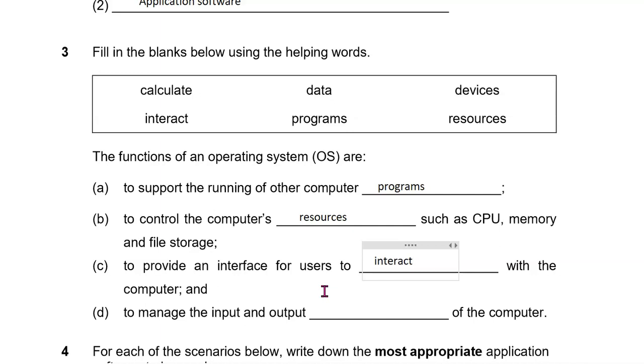So this is an interface. Part D, to manage the input and output devices of the computer. The operating system will know what devices are connected to the computer, input devices like the mouse and the keyboard, output devices like the printer and the monitor. It will know if they are functioning correctly.